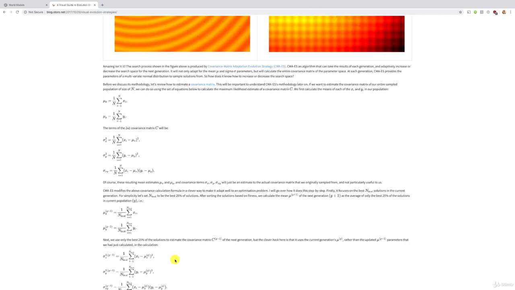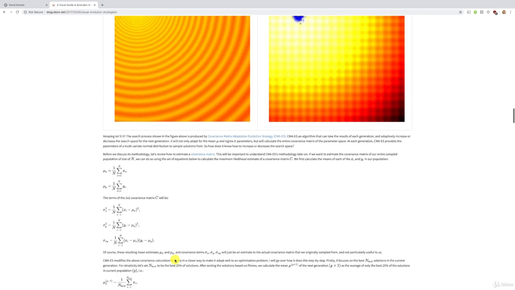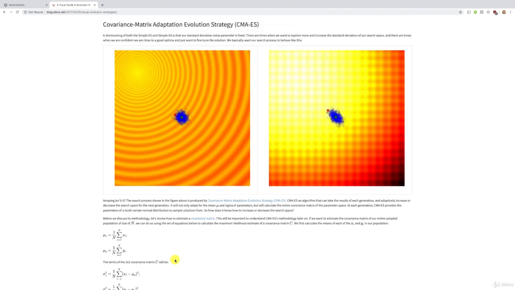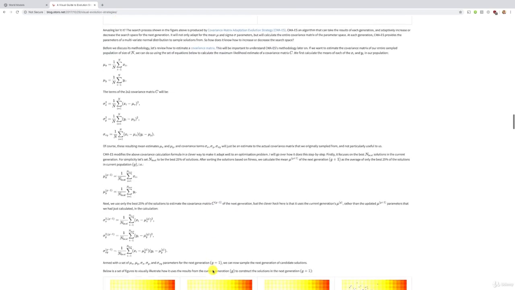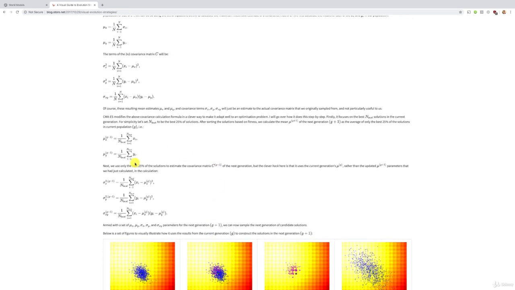Each time, we sampled the set of parameter solutions from that normal distribution, and inside the set of sampled solutions we took the best solution, the red point, and updated the mean according to that best solution. And besides, in the last evolution strategy we've covered, the CMAES, remember that we actually took the 25% best solutions to compute that adapted covariance matrix.